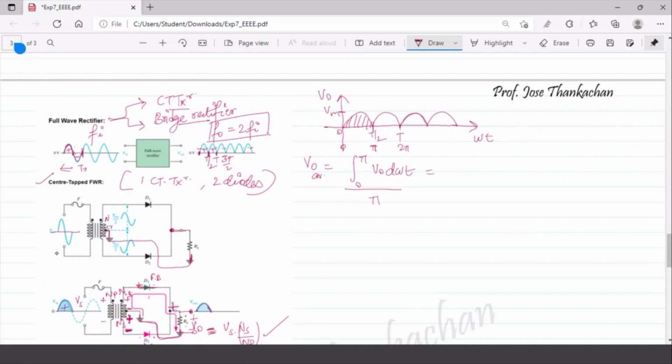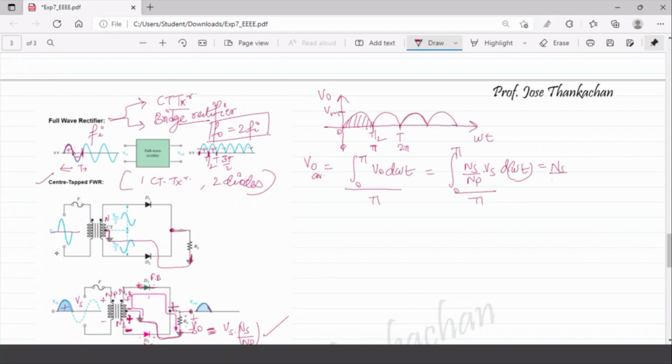So what is this V naught? We know that from 0 to pi, V naught can be written in terms of voltage as Ns by Np times Vs into d omega t divided by pi. Ns, Np, these are constants.